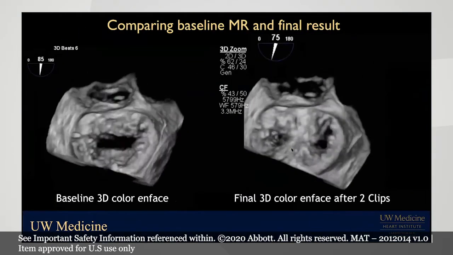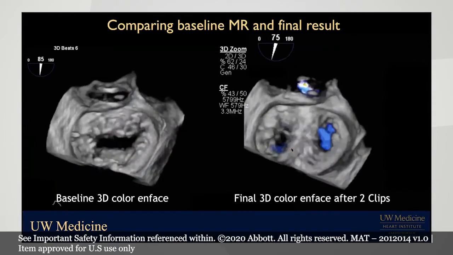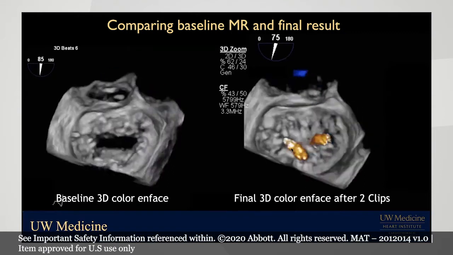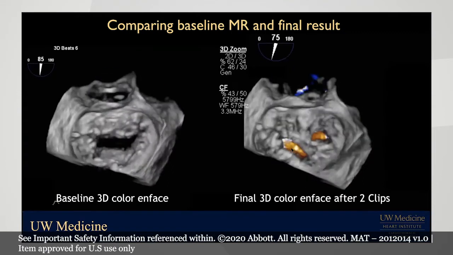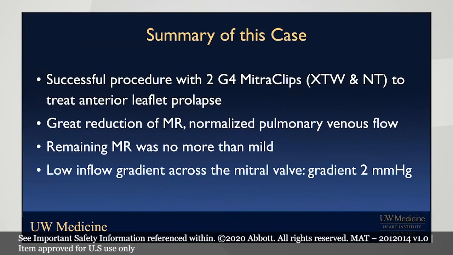Two more images just to show the baseline on the left, again illustrating how important it is to have good baseline documentation of the severity of MR, and then the final result on the right-hand side. So in summary, for this case, we certainly have a successful procedure with 2 G4 MitraClips, using a somewhat unusual combination of an XTW with an NT clip to treat this significant anterior leaflet prolapse.